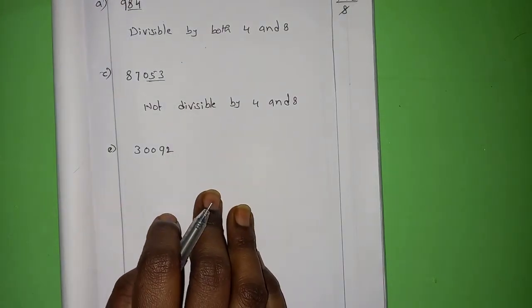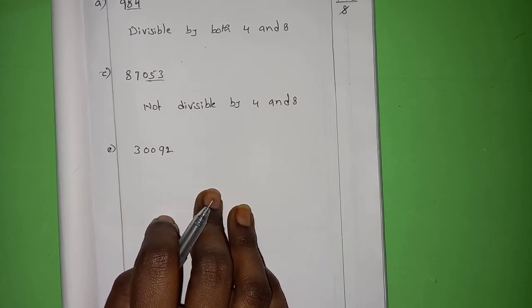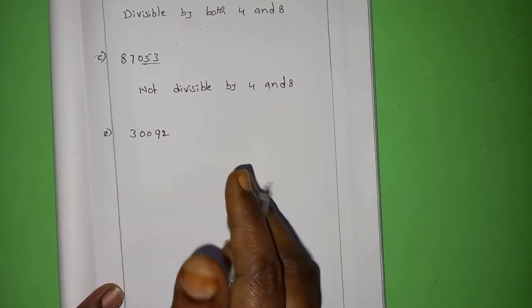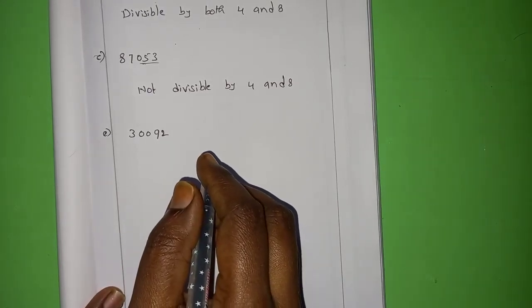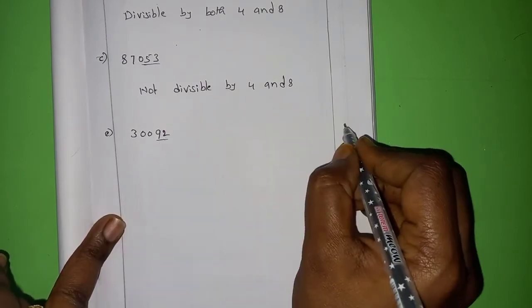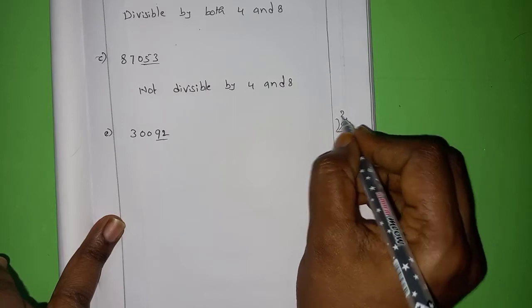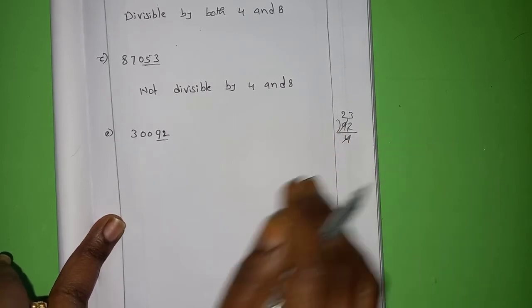30092. 92 is divisible by 4 or not? 4 twos are 8. Okay.